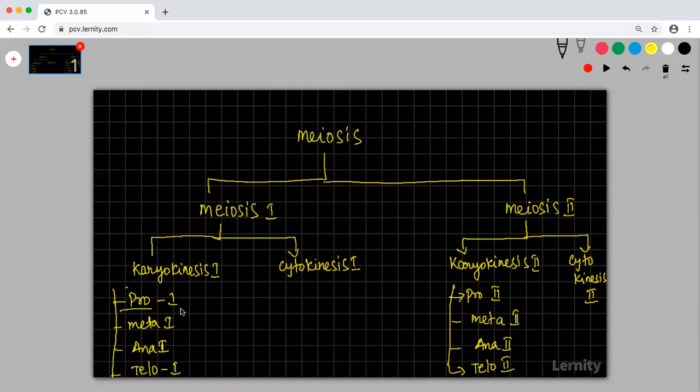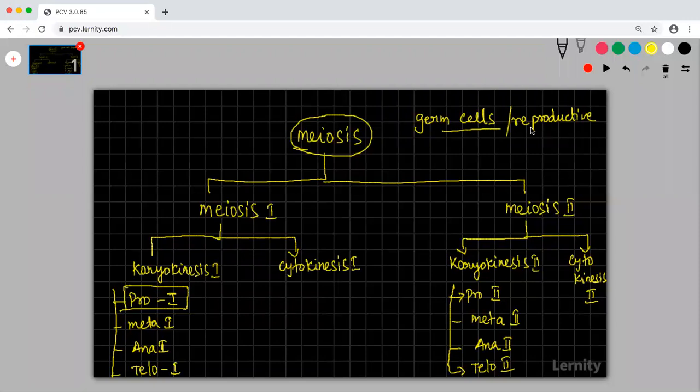Then we studied the branching of this prophase 1. We started to study what is meiosis. Meiosis is a type of cell division that is seen in germ cells or reproductive cells in our body. In meiosis 1, this prophase 1 is very elaborate.